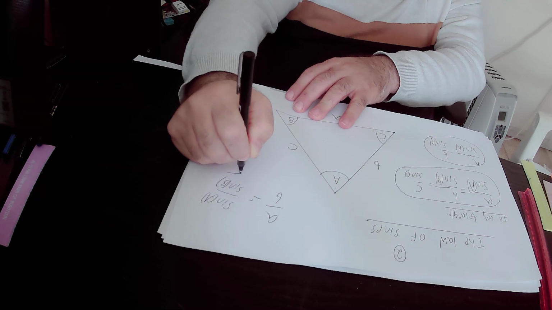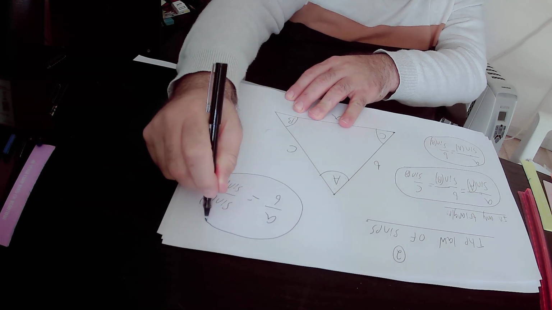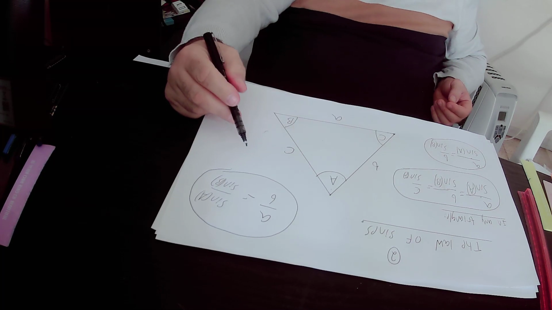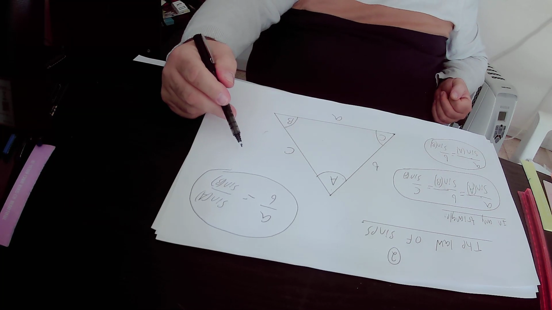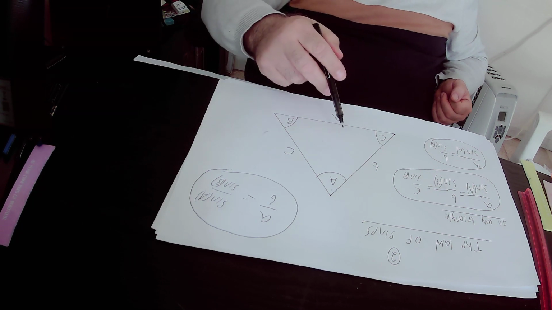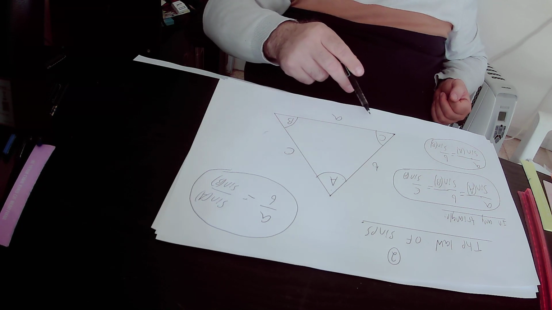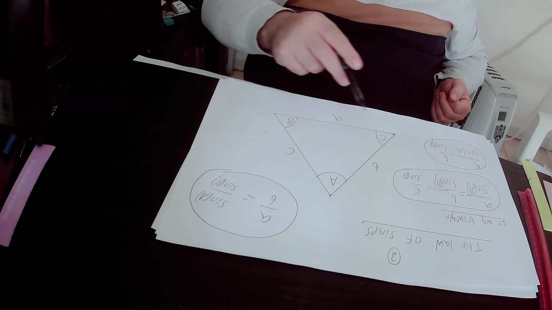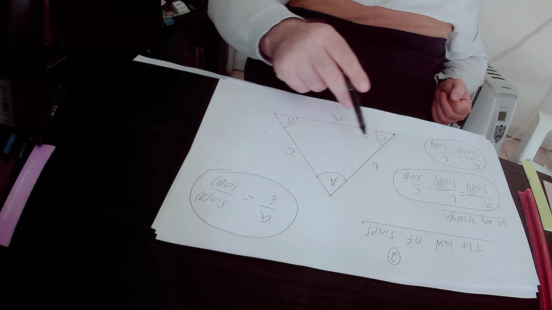Okay, so in any triangle, the ratio between the side lengths equals the ratio between the opposite angles, because angle A is located opposite this side, and angle B is located opposite this side.